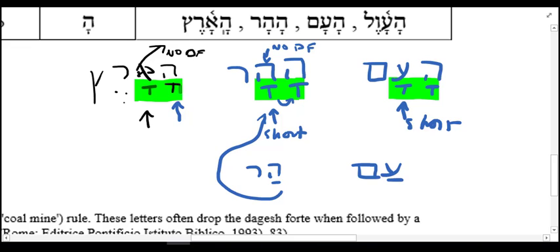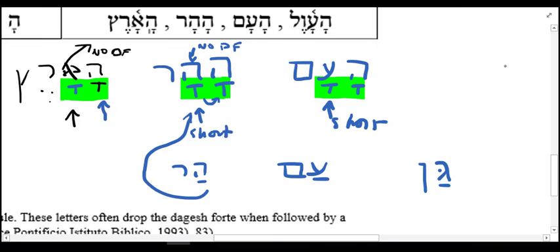And then the word gone. This one's interesting. The word gone is the word for garden. Now, what kind of vowel is under the gimel here with gone? It's a pathak. Is the pathak long or short? Short. It's short. Now, let me ask you one other question.